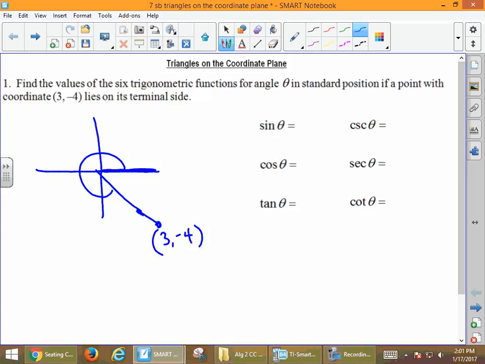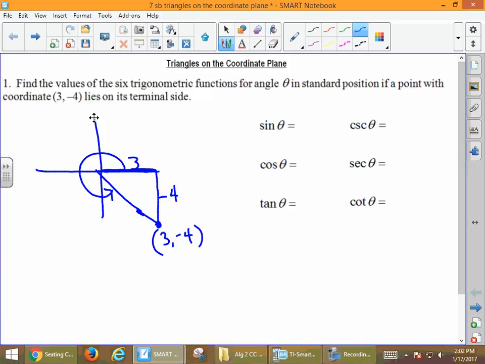That means that we went right 3 spaces, and we went down 4 spaces. So the base of our triangle is 3. The height of the triangle, it's not really -4. The negative means that we're going in the downward direction. So we're going to write the -4 there.